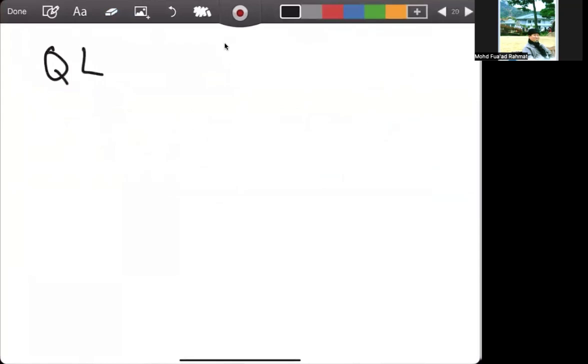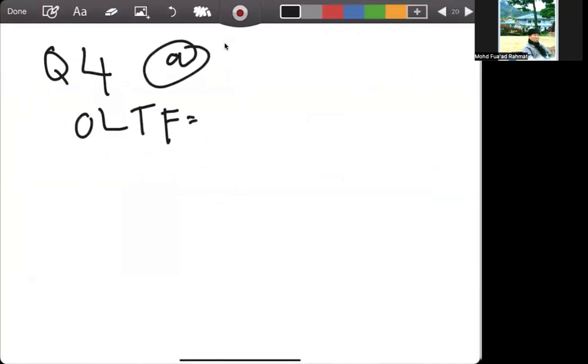Question 4. Open loop transfer function.